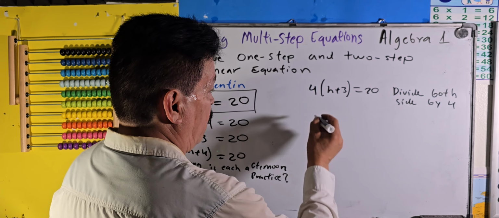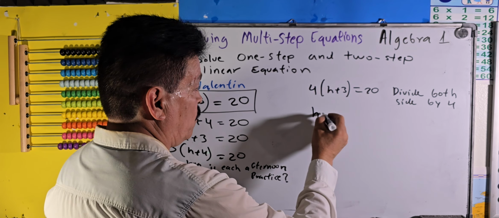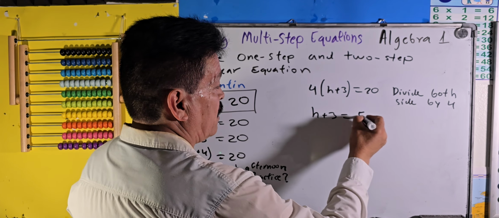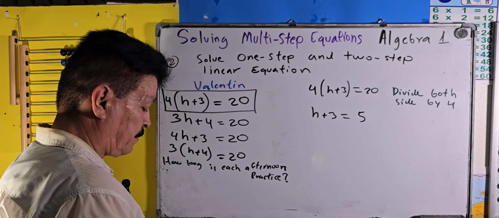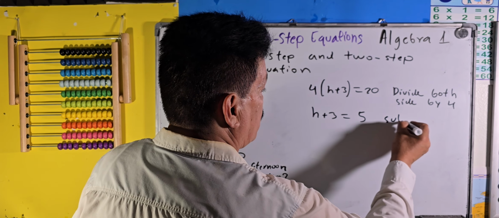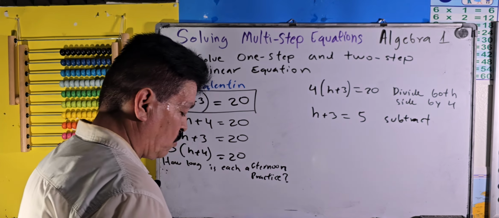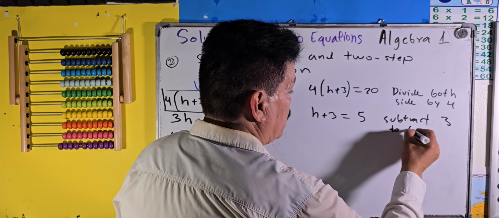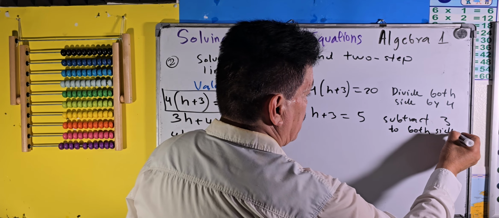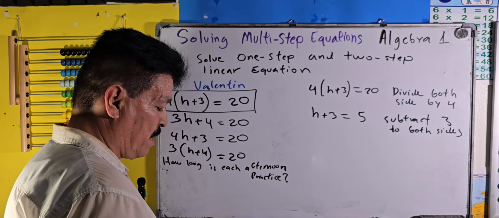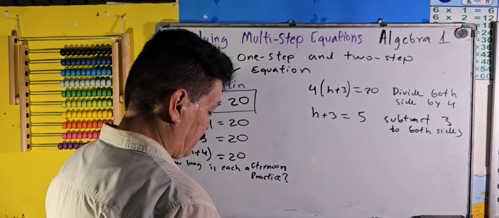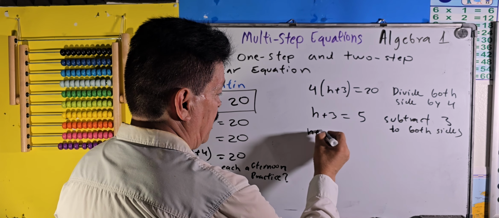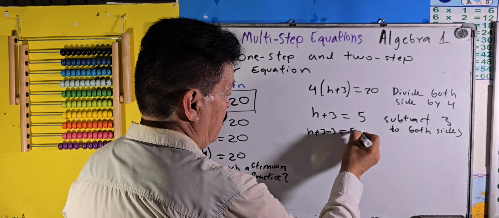If you divide by 4, you will have h plus 3 equals 20 divided by 4, which is 5, right? Then now we have to subtract 3 from both sides. Remember, like the step I wrote before. Let me do h plus 3 minus 3 equals 5 minus 3.